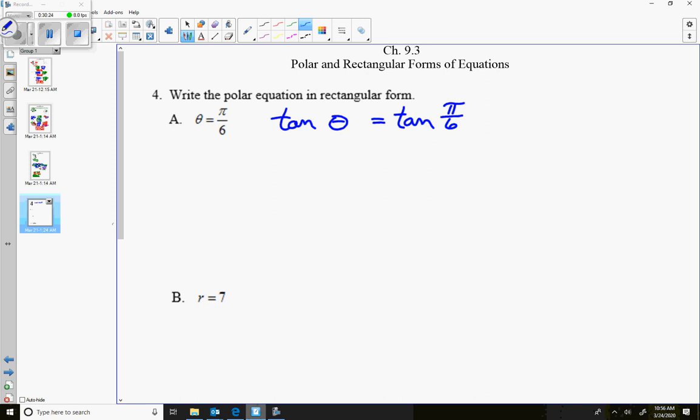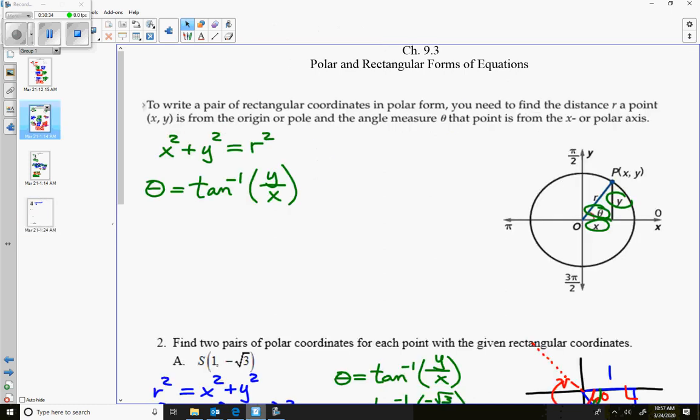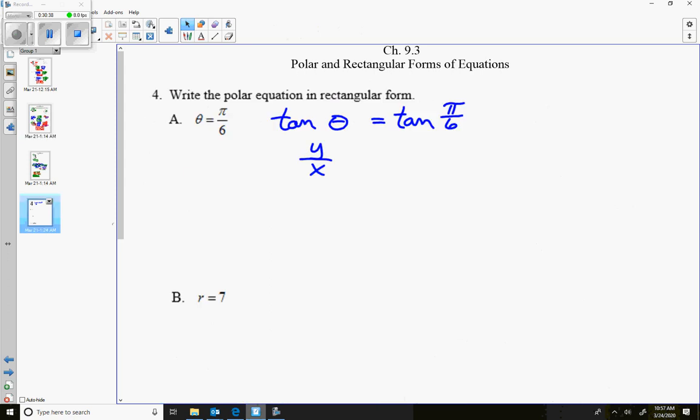What is tangent theta? Tangent theta is y over x. And everything we're doing is coming back to these ideas. Tangent theta is y over x. What's the tangent of pi over 6? Well, you know that from your unit circle.